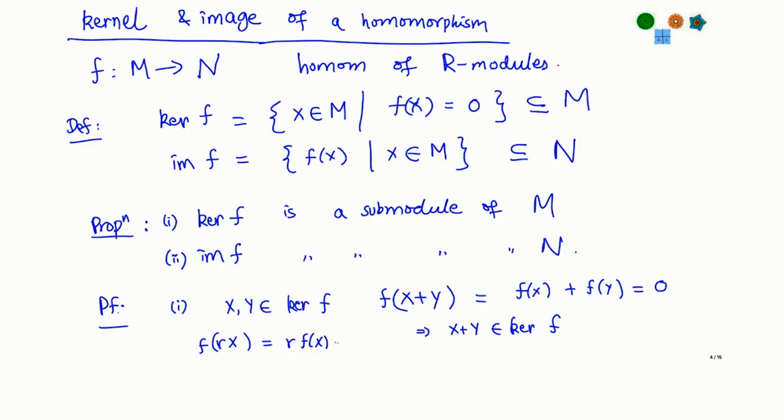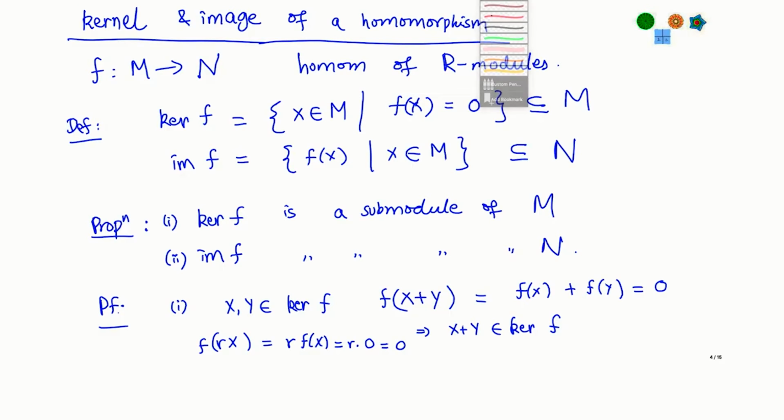But x was in the kernel, so this is R times 0, and we have proved once before that R times 0 must actually be 0. How do you do it? You write 0 as 0 plus 0, you expand out, so R times 0 is the same as R times 0 plus R times 0, and so on. We have seen this argument once before.